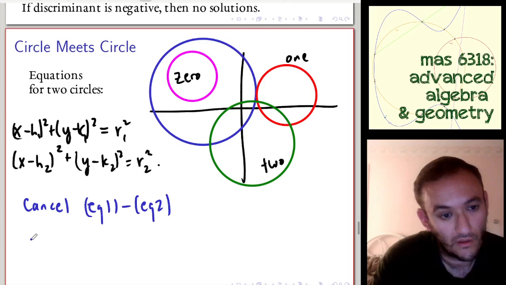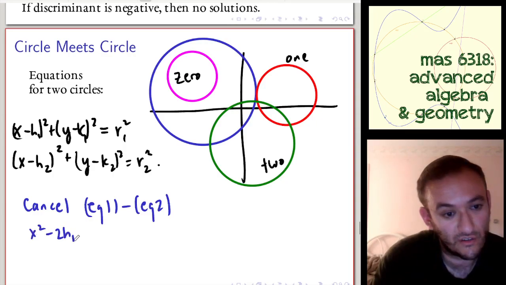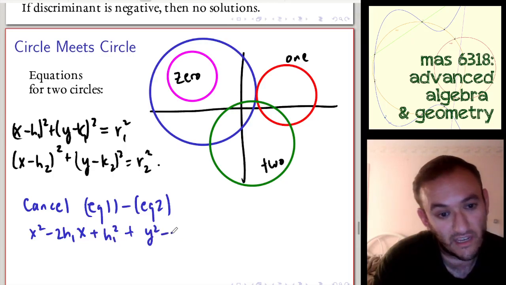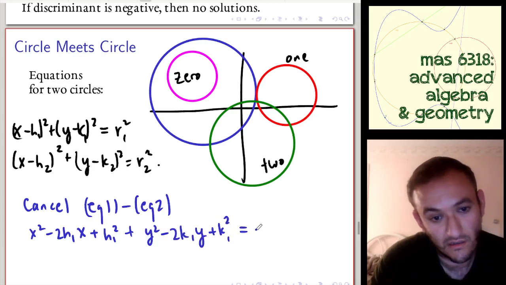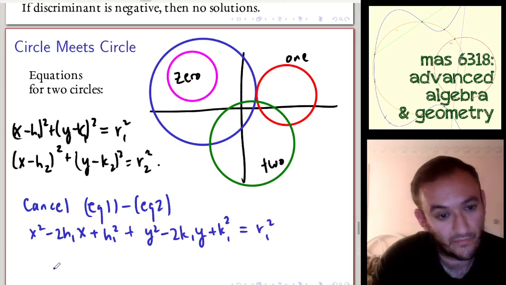So we have, multiplying out, x squared minus 2h1x plus h1 squared plus y squared minus 2k1y plus k1 squared equals r1 squared.